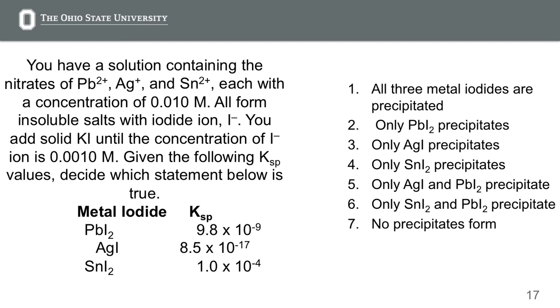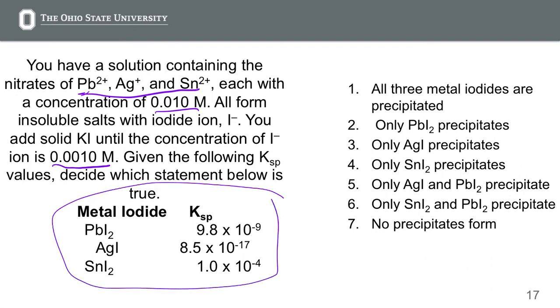So we're going to have a total concentration of iodide of 0.0010 molar. Based on that, decide which of these salts could form a precipitate.